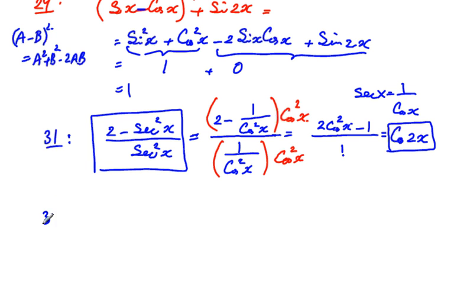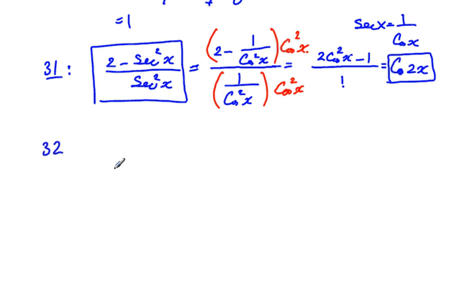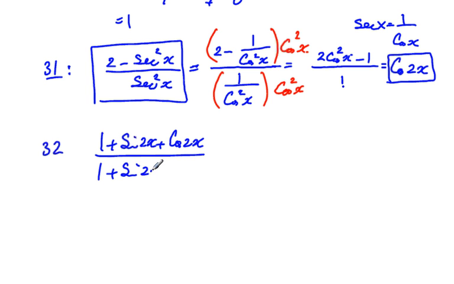Let's do one more. (1 + sin 2x + cos 2x) / (1 + sin 2x - cos 2x). Let me admit that I don't know what to do, so you tell me what to do.